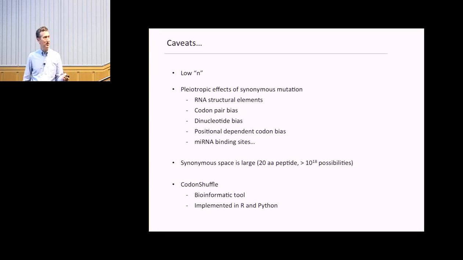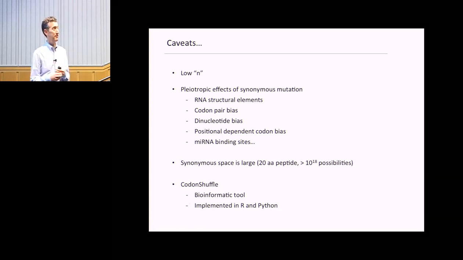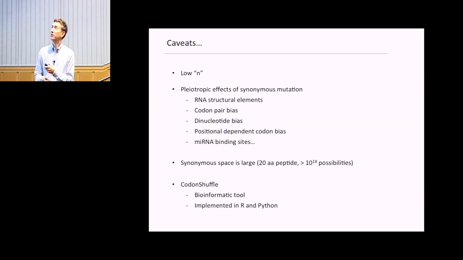One, you change the sequence. These viruses have a lot of RNA structure in their genomes, and by changing the codons around, you might be disrupting important RNA structures. You may be affecting codon pair bias, which may or may not affect gene expression. You might be affecting dinucleotide bias. Certain dinucleotides are thought to be sensed as PAMPs, as pattern signals that the immune system recognizes.